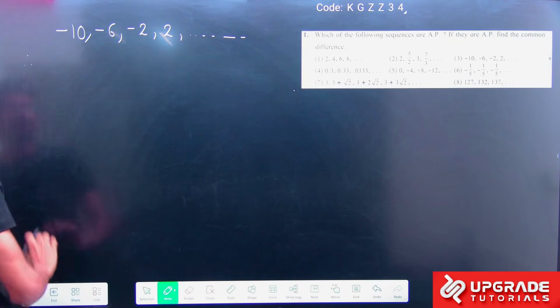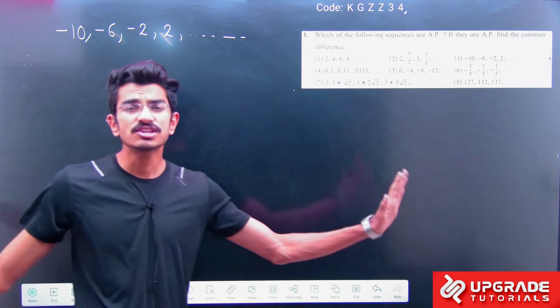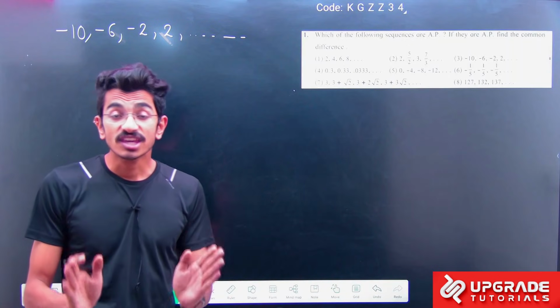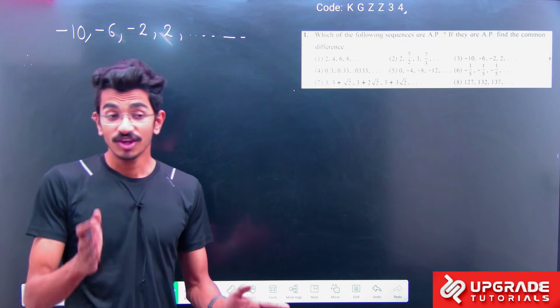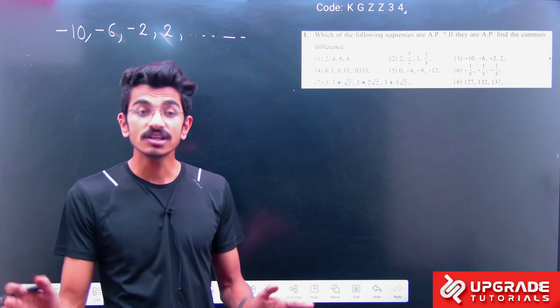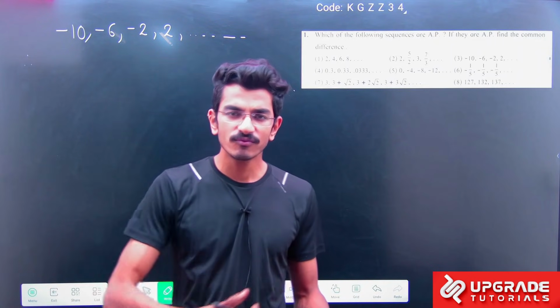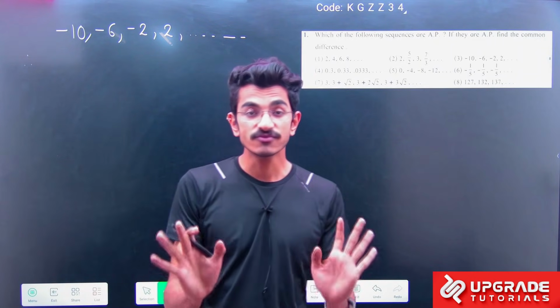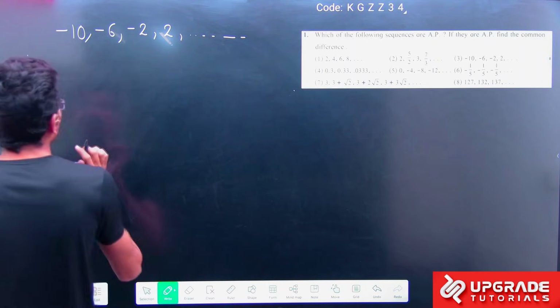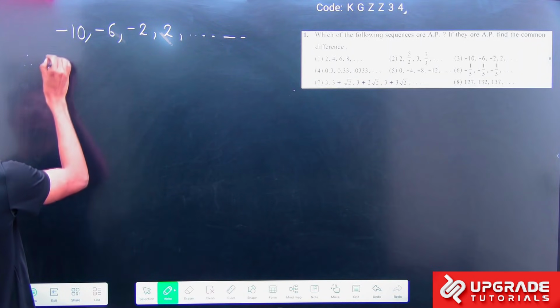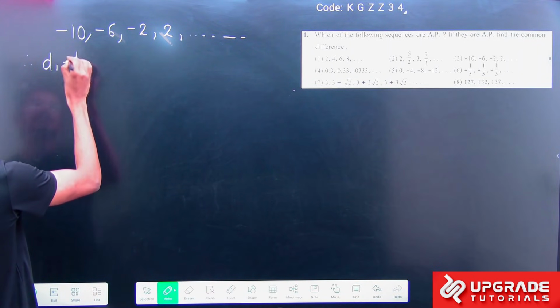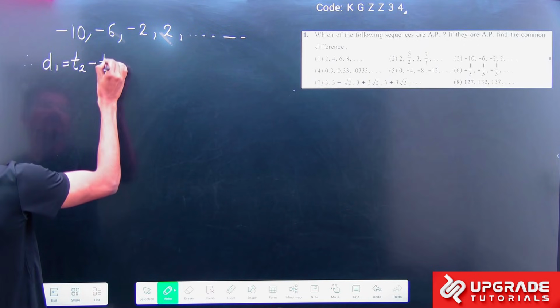Similarly, the process is the same for each and every series. If you are checking for arithmetic progression, geometric progression, or harmonic progression, there are many types, but we are just focusing on arithmetic progression. So D1 is T2 minus T1.